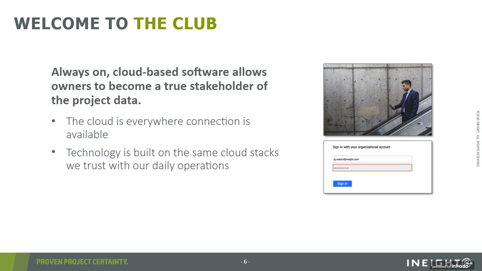As an example, many of you may be using Outlook or Office 365. That's built on the Microsoft Azure cloud stack, as are many capital project systems. The same can be true for AWS or Google Cloud, whichever one might be your provider of choice.